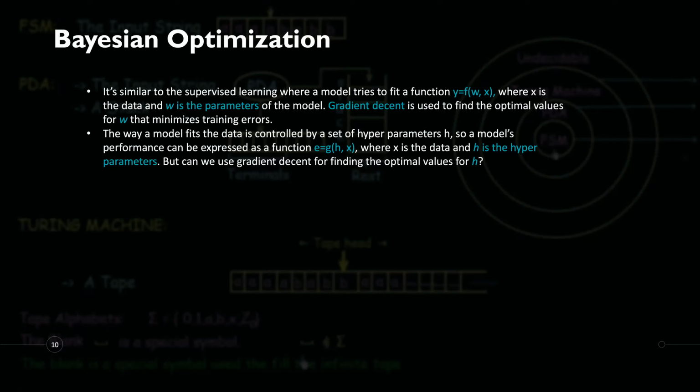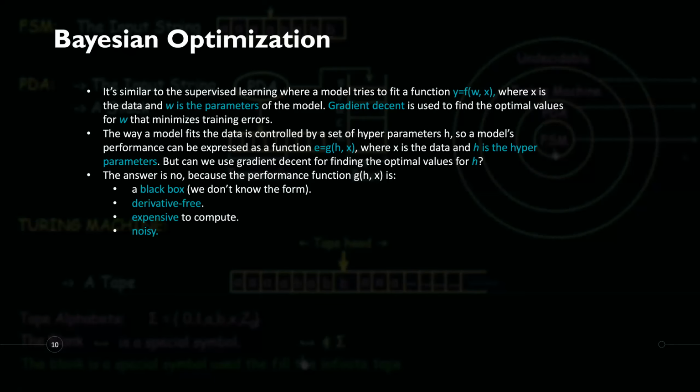Can we use gradient descent to find the optimal values for H, the hyperparameters? I'll pause here for a bit for you to think about it. Can we use gradient descent to find the optimal values for H? The answer is no.